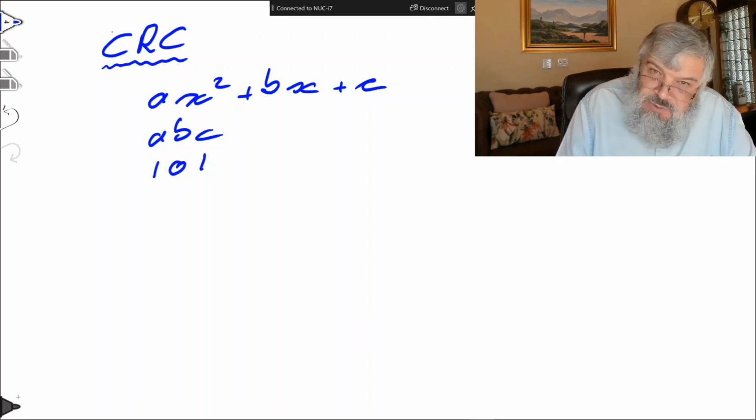Previously we indicated already that we're not going to talk about the selection of good polynomials, but a typical polynomial that will be used for error control will probably be x to the power 32, so a 32-degree polynomial. We're not going to use examples as long as that because we simply don't have space to do that. But the process is very simple.